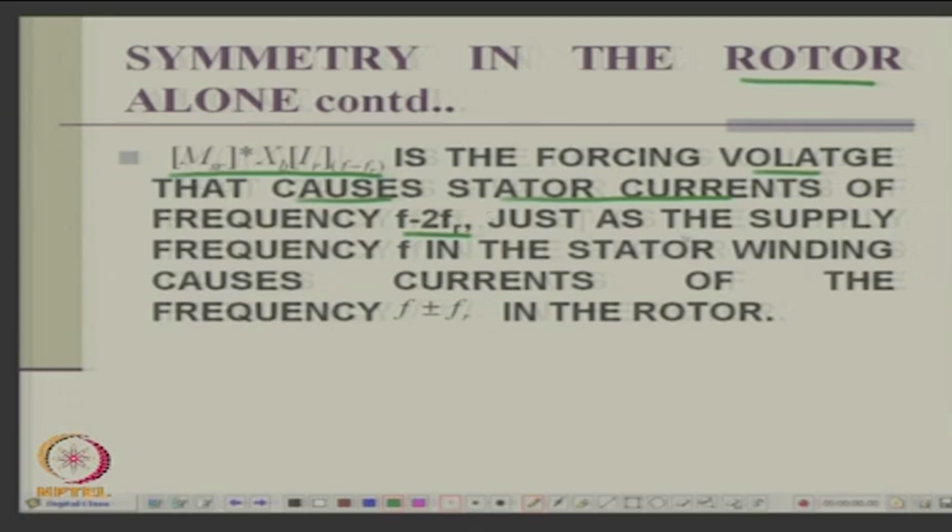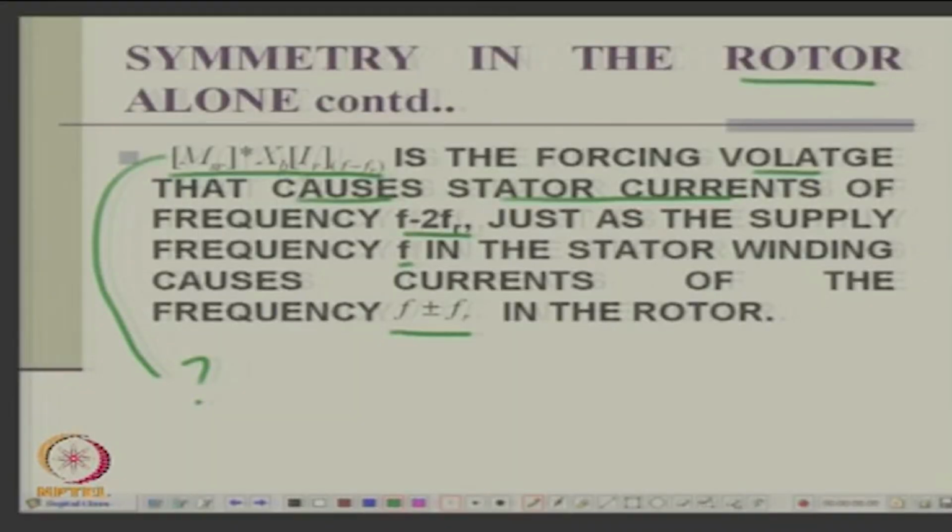will be just as supplying F in the stator causes currents F plus or minus FR. So, we have to see what will be this value after substitution. Therefore, you will notice, for example, that with symmetry in the rotor alone, this term MSR conjugate XP IR F minus FR will become 0.